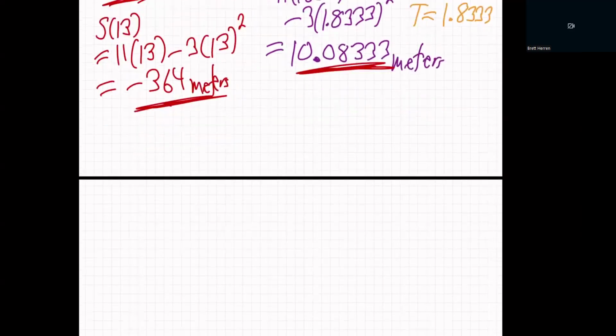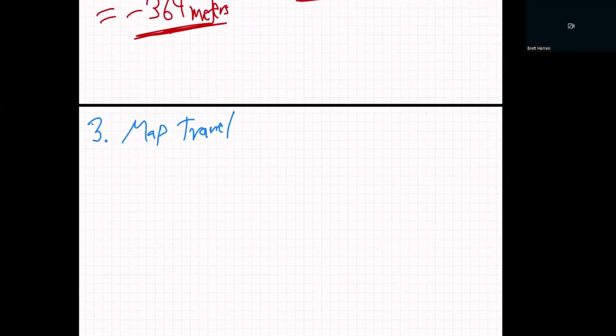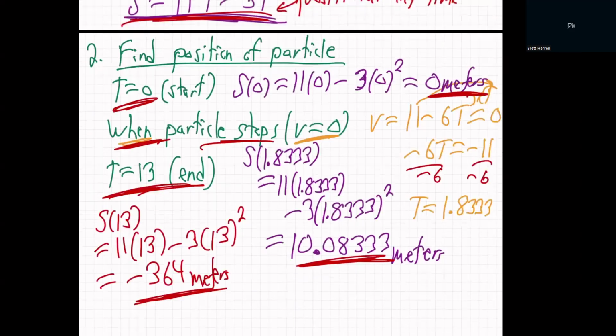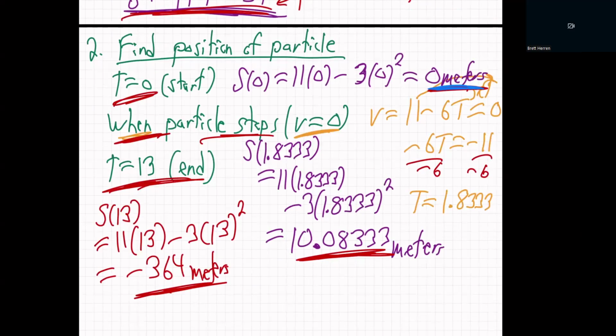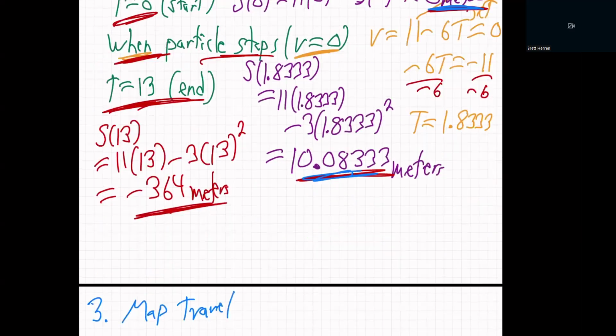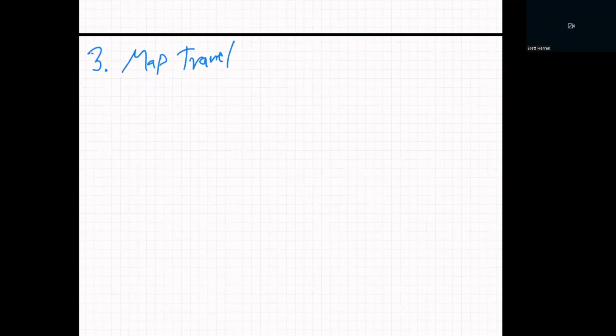So now step 3 is going to be all about making a nice little map. Map the travel. What do I mean? Well, the thing starts at 0 and then it goes to 10.083 meters. So it's going to start here at 0, at time 0.